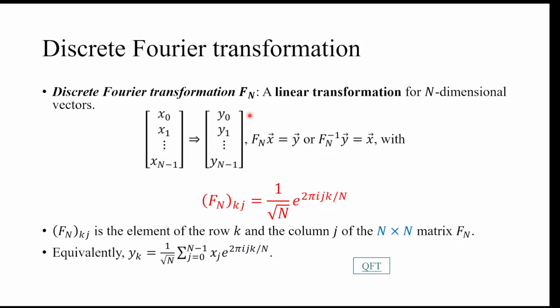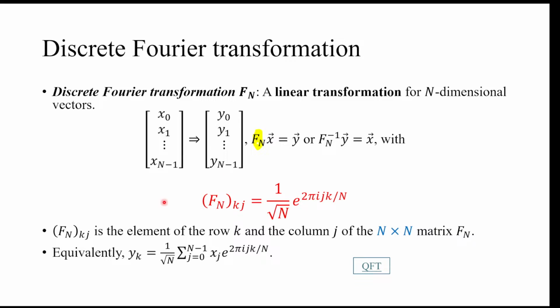The discrete Fourier transform can be described by some matrix Fn. So you multiply this matrix Fn on your input vector x, and you get the output vector y. It's quite straightforward. And what's Fn?